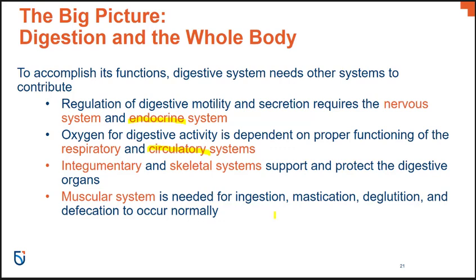Some of these processes are voluntary, whereas others are involuntary. When you talk about the muscles that make up our intestinal tract and our stomach and our esophagus, they're made of smooth muscle, and smooth muscle is a muscle type that we do not have voluntary control over.